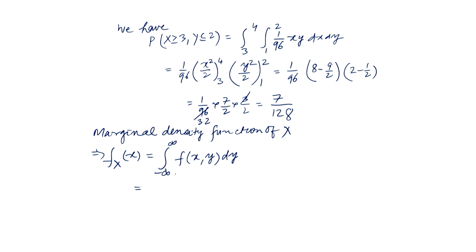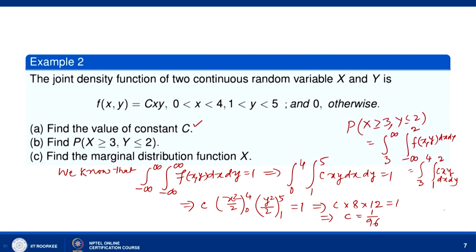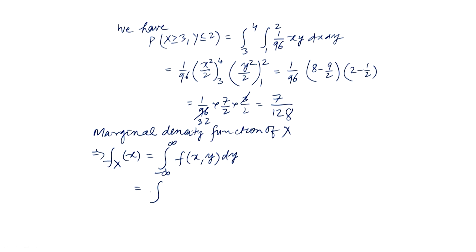So, this is the integral over y varying from 1 to 5, elsewhere it is 0 for y, f(x,y) is 0. So, 1 to 5, and we have c x y dy. Okay. So, this is c is 1 by 96 into x into y square by 2, and we have limits 1 to 5.